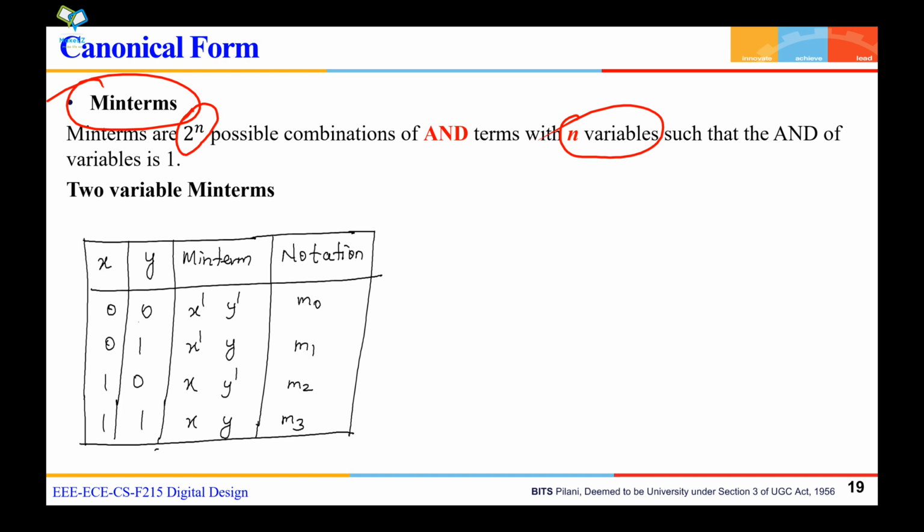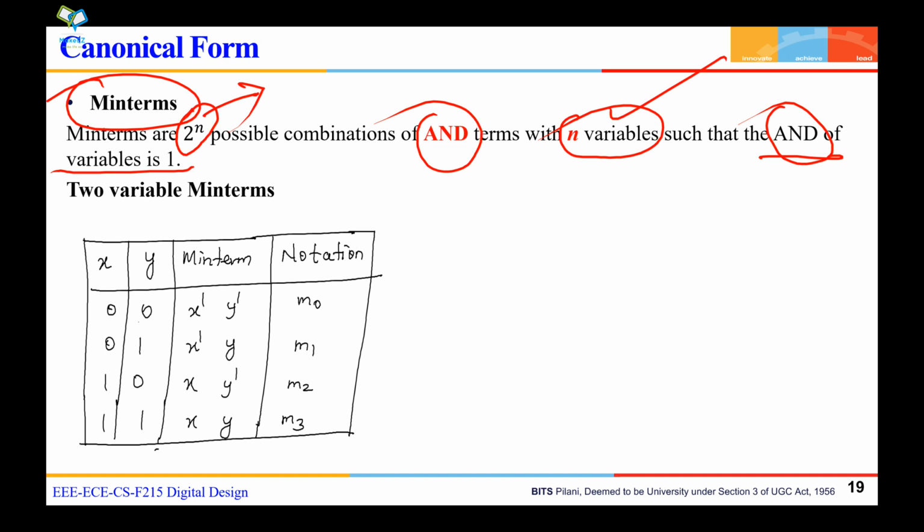If there are two variables, there are four minterms. If there are three variables, there are 8 minterms. So it is 2 to the power of n. Minterms are the 2 to the power of n possible combinations of AND terms with n variables such that the AND of all the variables is 1.